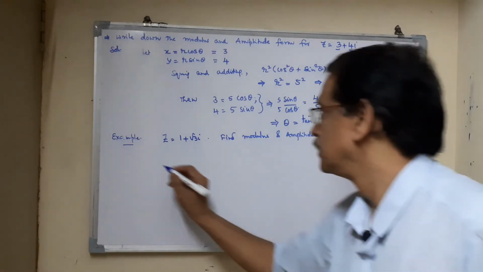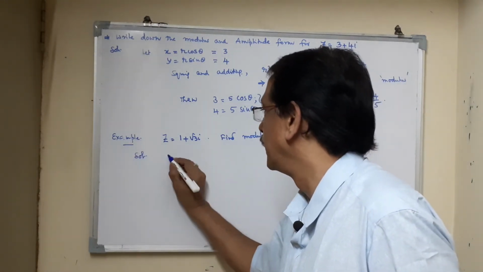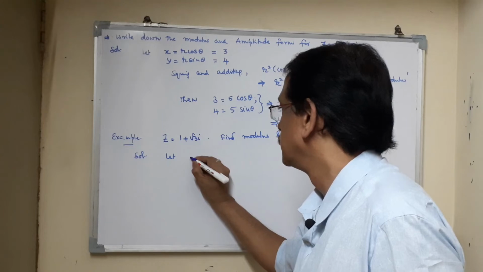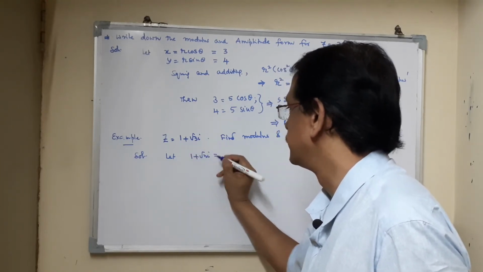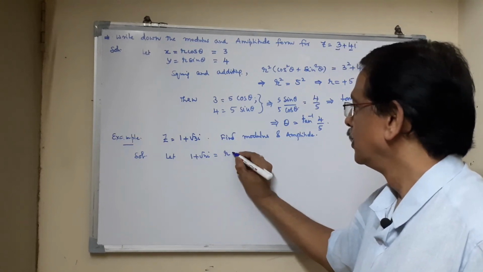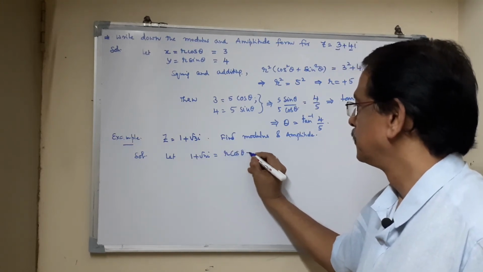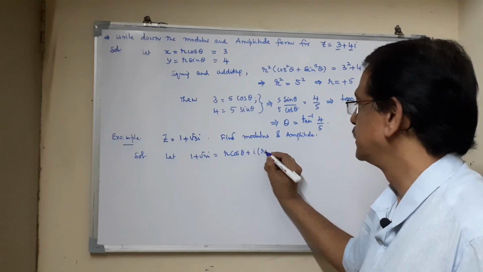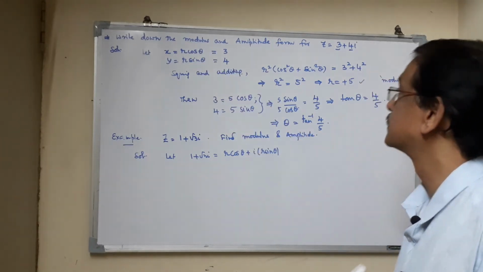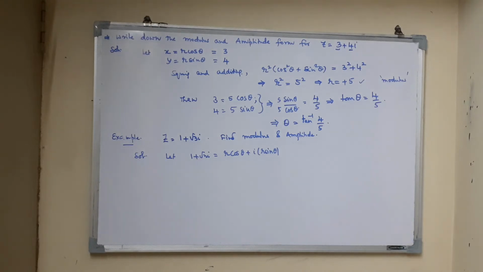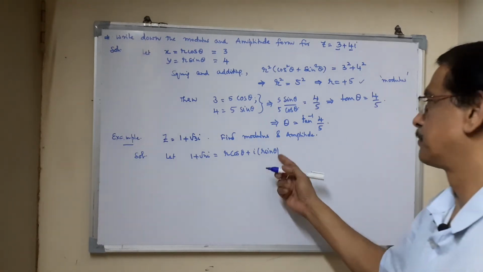So let 1 plus root 3i be equal to r cos theta plus i times r sin theta. I am just simply representing like this: x equal to r cos theta, y equal to r sin theta. So 1 plus root 3i is r into cos theta plus i sin theta.